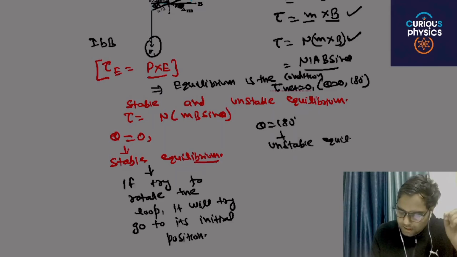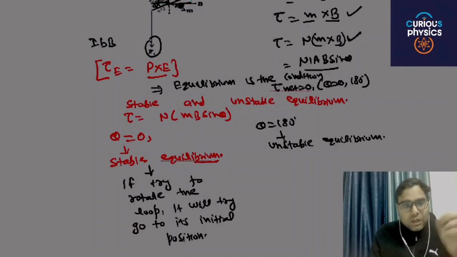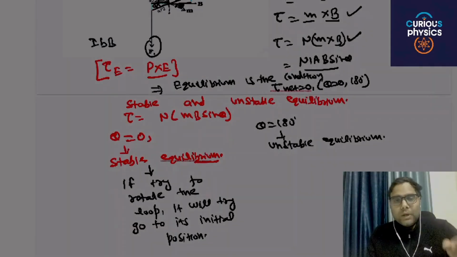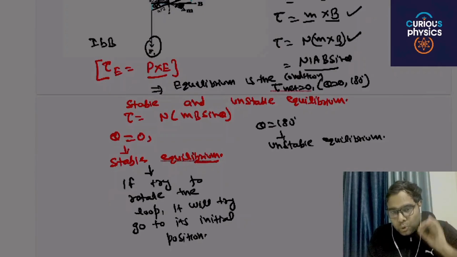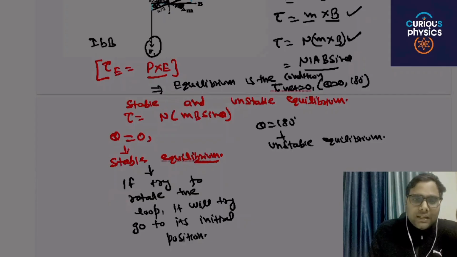In this condition, if you try to rotate the loop, it will not come back to its initial position. It will try to move away from the initial position.